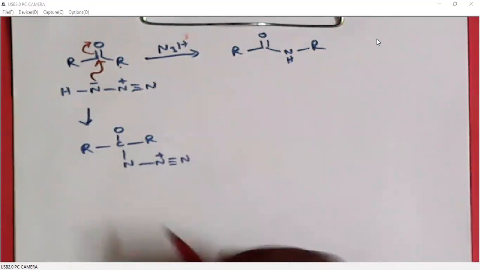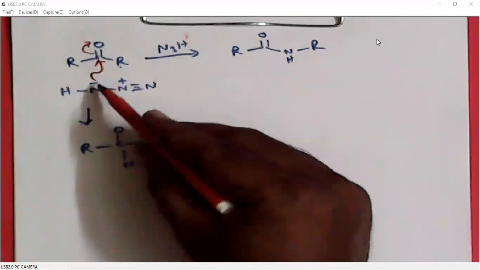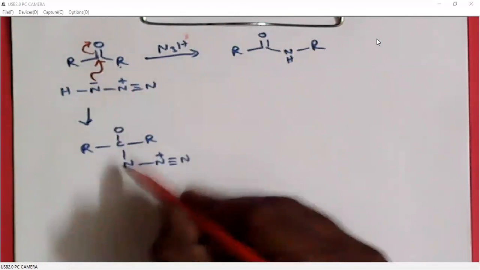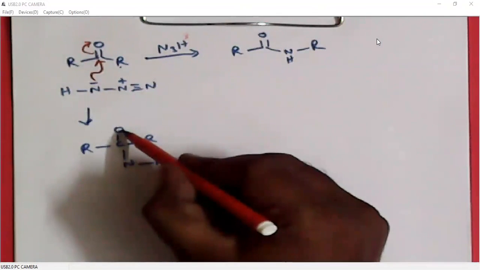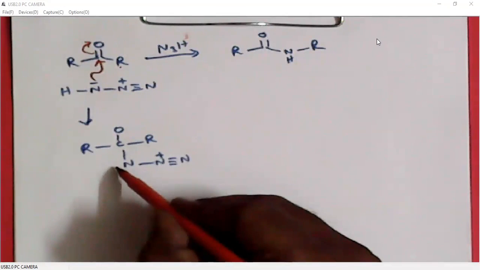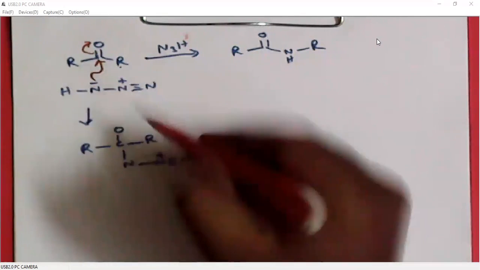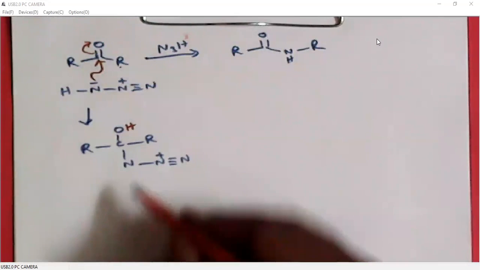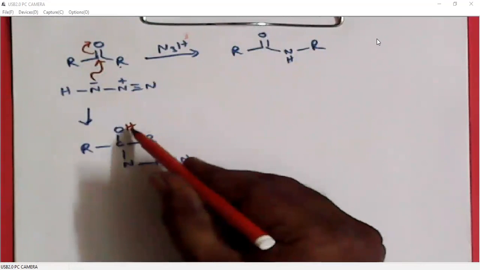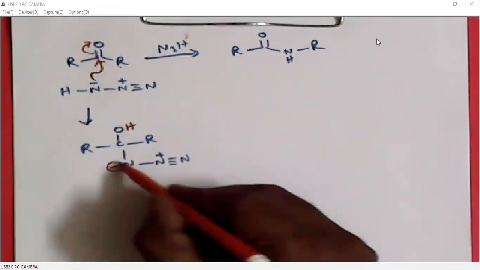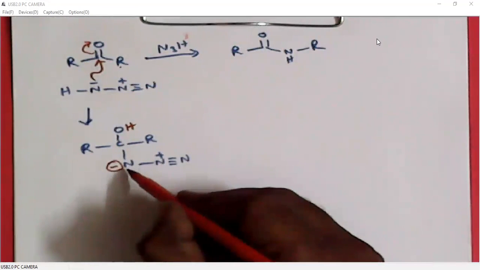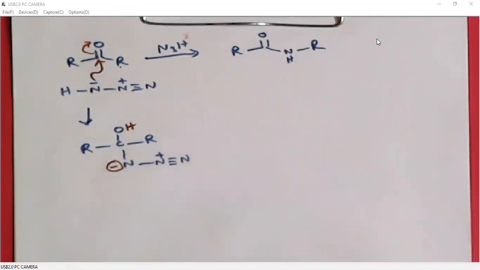Now after rearrangement, it is negatively charged, so it becomes neutral. This oxygen takes the negative charge. After rearrangement of hydrogen from hydrazoic acid, O minus becomes OH, because loss of hydrogen again generates negative charge on nitrogen.